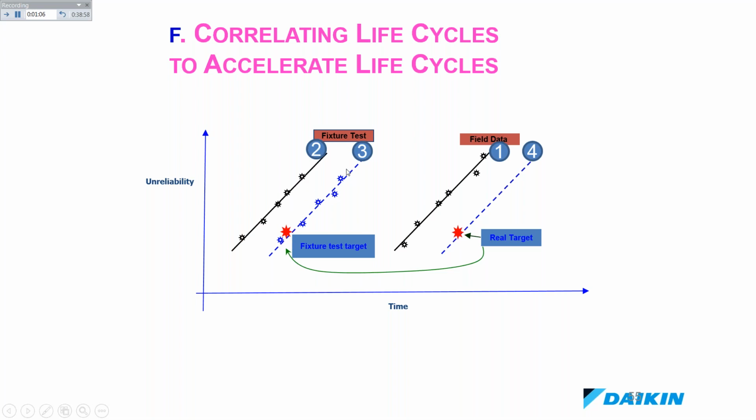You do your improvements until you get your improved design iteration that passes the fixture target. And now you can apply it to your real life machine because you know that's going to meet your real life reliability target. So that's a pretty good idea when you do the fixture testing.